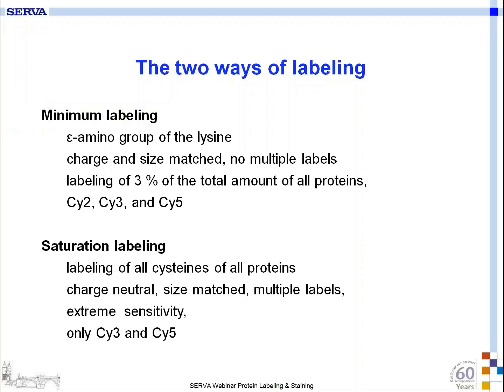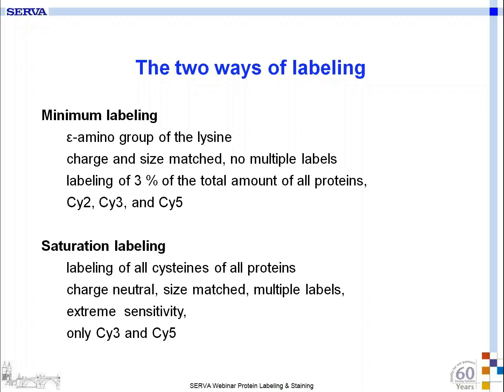There are 2 ways of labeling. You have a minimal labeling where you only label the amino group of the lysine, and it's a charge and size match, so you have no multiple label possibilities, and you label 3% of the total amount of all your proteins. And then you have a saturation labeling where you label all of your cysteines of all the proteins, so 100%, let's say, of the proteins in your samples.